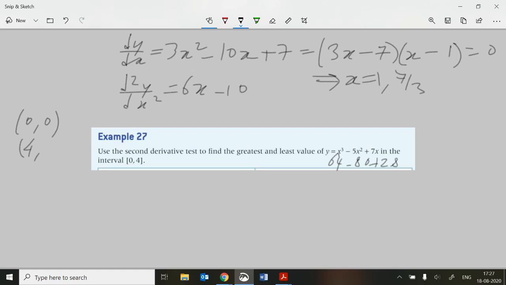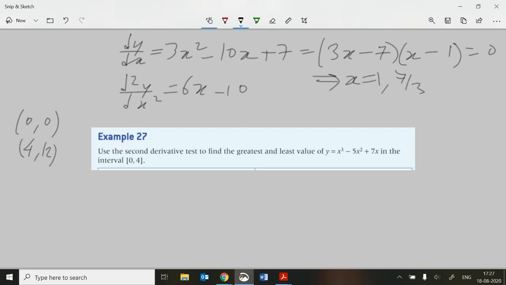What's that giving us? That's giving us 12, so that's giving us 4, 12. Again, I'm just putting those aside because I'm going to need to check my turning points against those later.